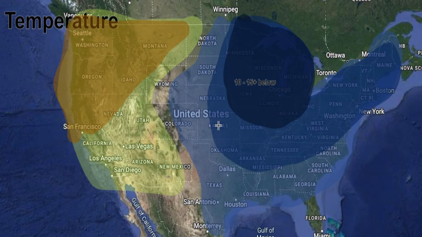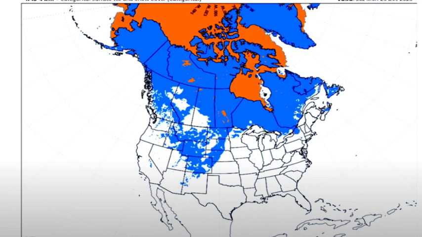What about this one? Now what does this mean? This is a snow forecast from a White Christmas a couple of years ago, showing one inch or more of snow on the ground. The more blue it is, the colder it gets.